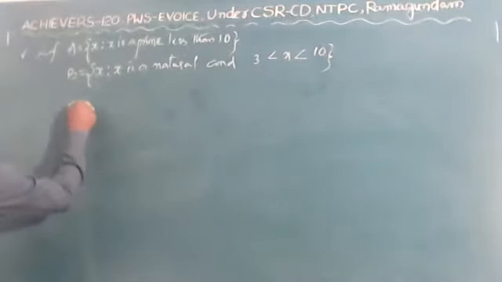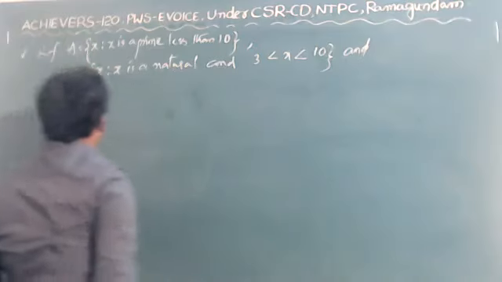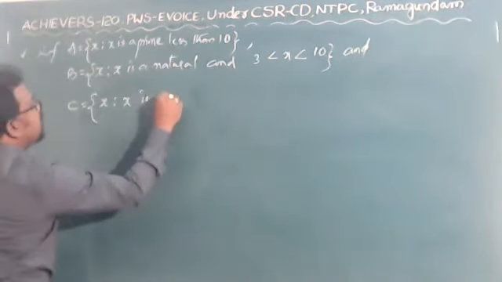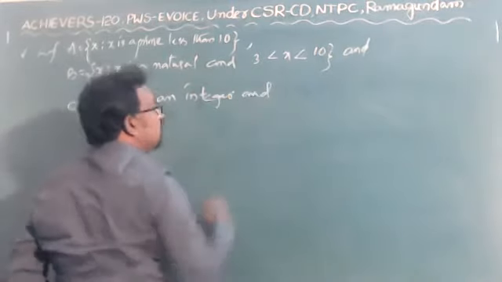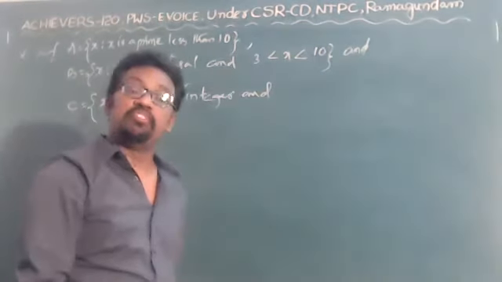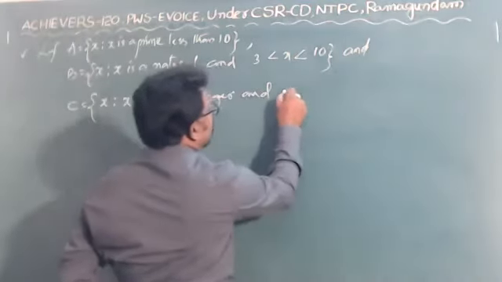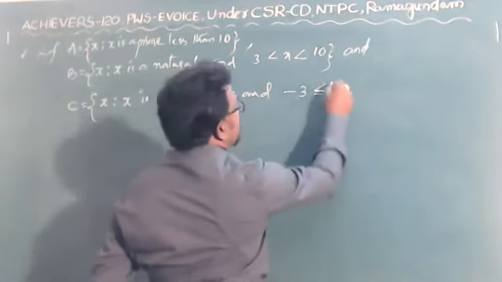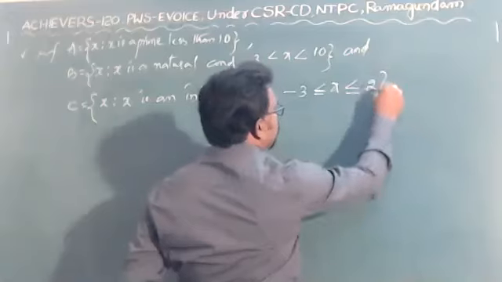And one more we will see, that is C is equal to x such that x is an integer, minus 3 less than or equal to x less than or equal to 2.